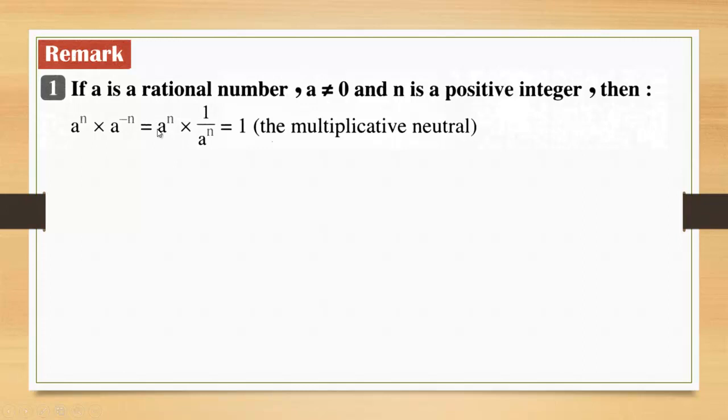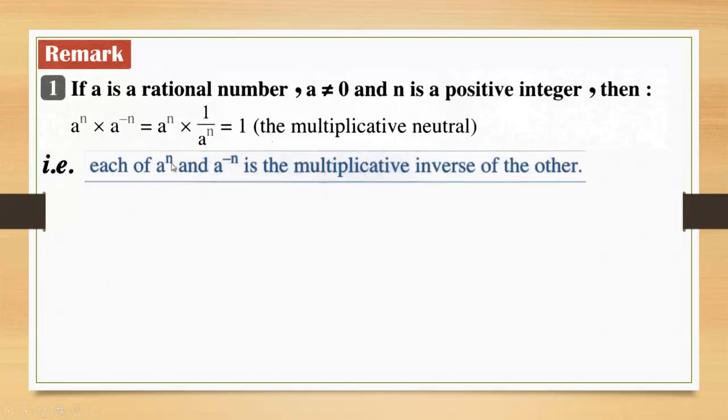The multiplicative inverse of a power n equals 1 over a power n. So each of a power n and a power negative n is a multiplicative inverse of the other, like 3 power 2 and 3 power negative 2, or 4 power negative 3 and 4 power 3.